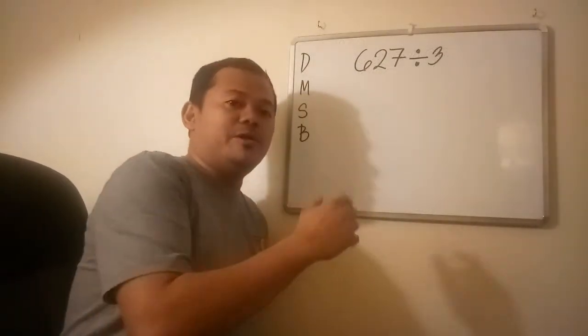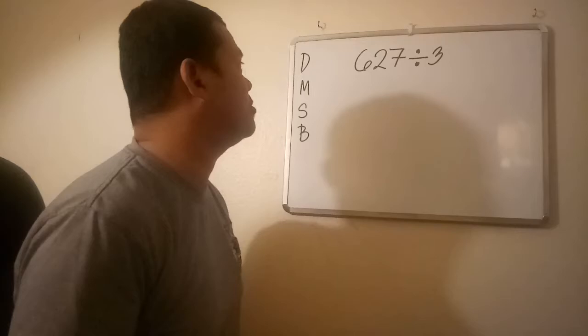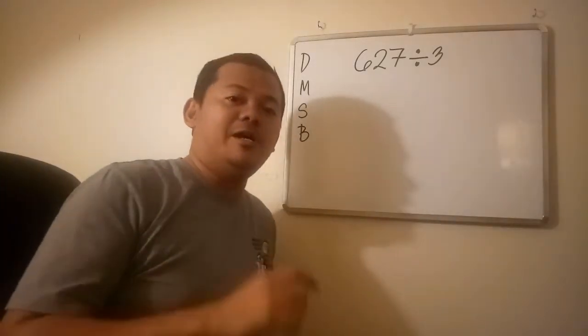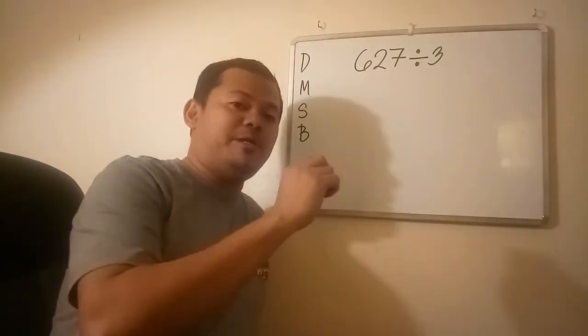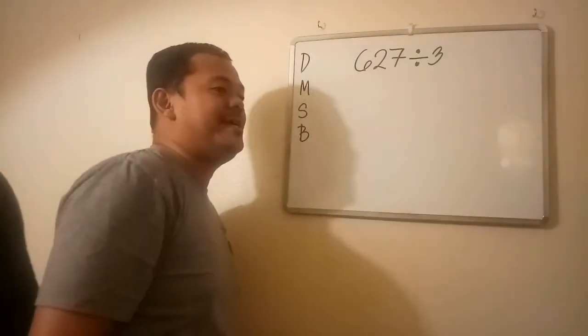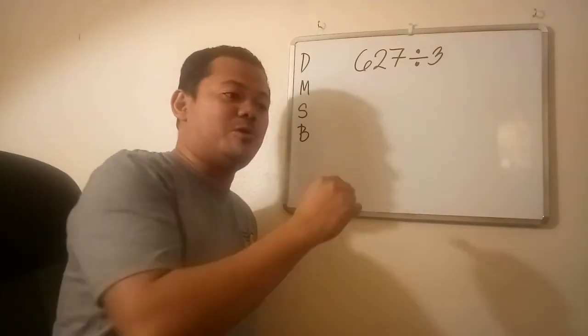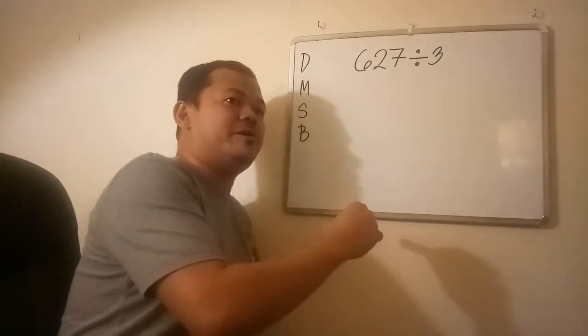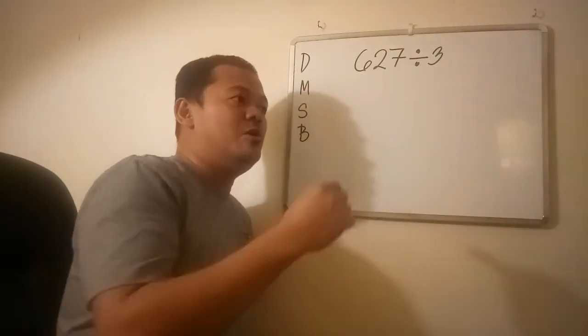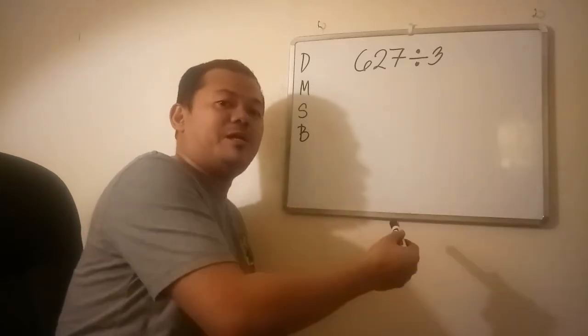Let's answer together our problem here, which is 627 divided by 3. I want you to get your paper and your pencil to copy this one, and we're going to answer it all together. While I'm answering here, you can also answer it by yourself, or refer to how I answer it and follow.